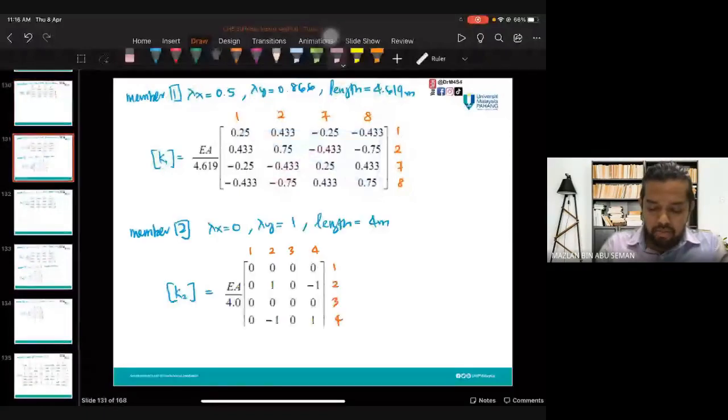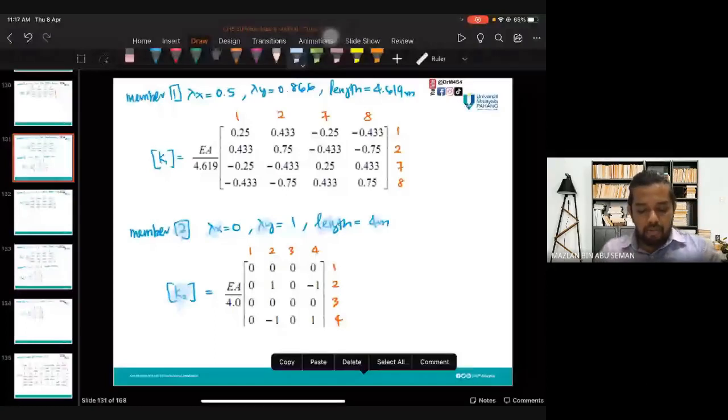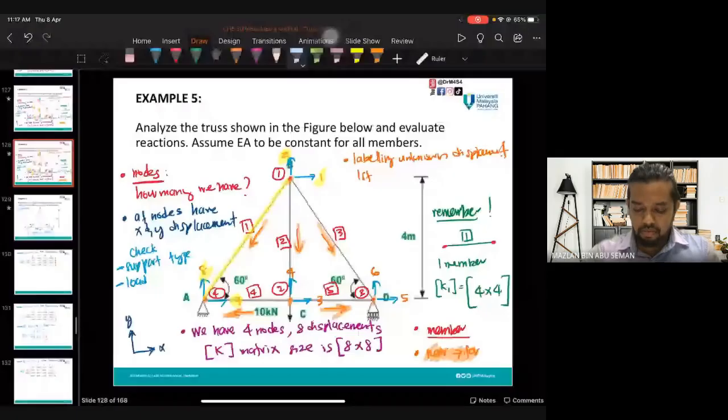Do the same. Find lambda x, lambda y. You get the length, so use the formula. You get small k2, and refer back for your numbering for member 2. Near far, so 1, 2, 5, 6.